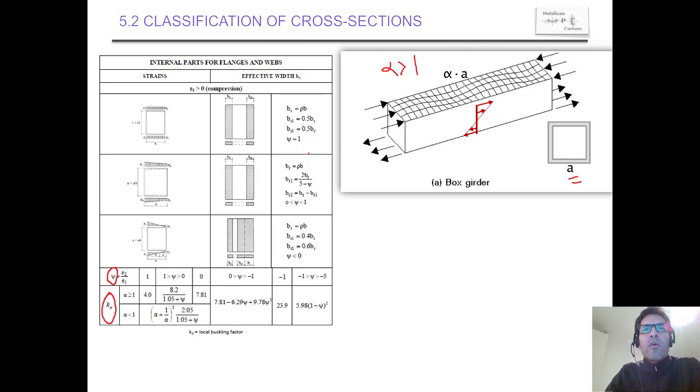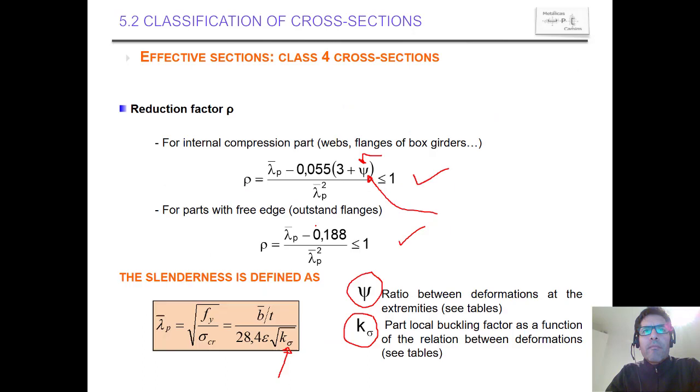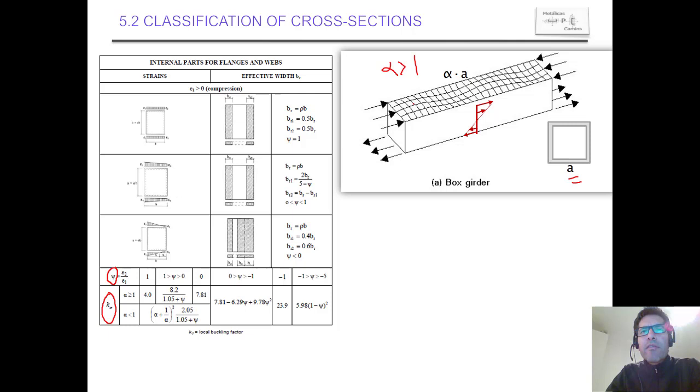The how big is calculated with a formula. Rho is here, either this or this. We are now in an example that defines a flange, but this flange is internal somehow. It is supported by two webs, and expectedly on the edges of this beam we have some type of support.